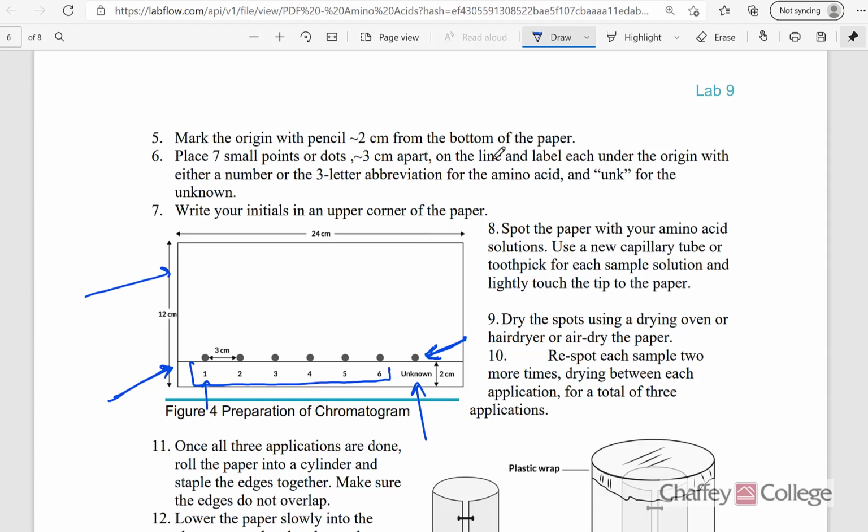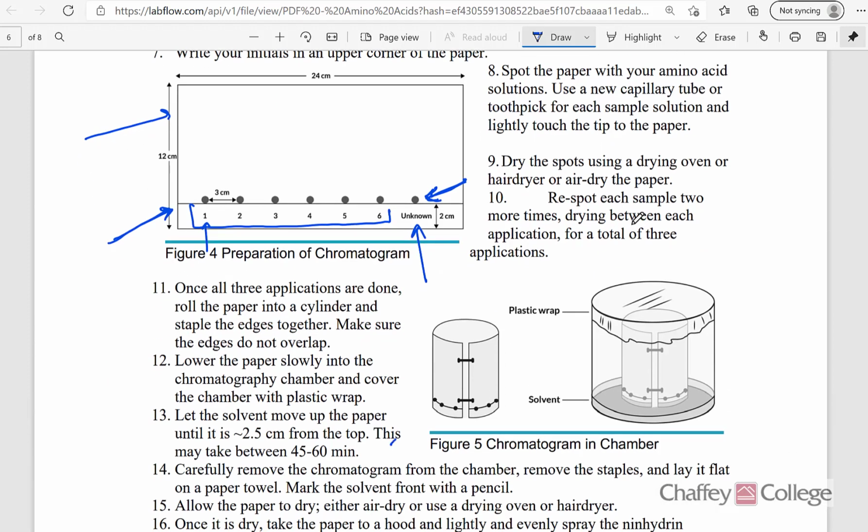Then we will fold this filter paper like this, and then we put this filter paper in a chamber which contains a solvent. Now the level of solvent has to be below this spotted line. The idea is that the filter paper will absorb this solvent, and this solvent will start rising up on the filter paper.